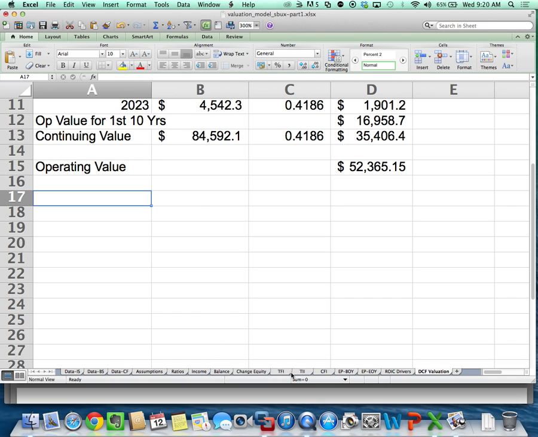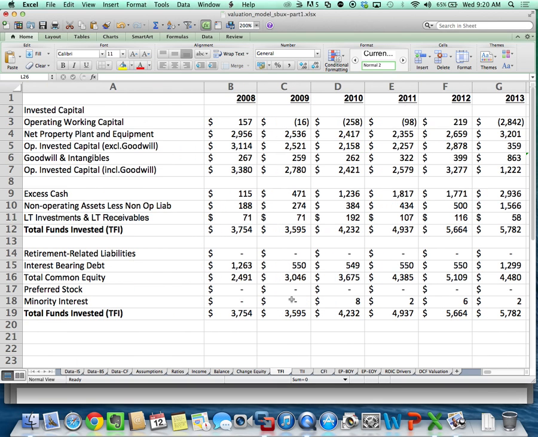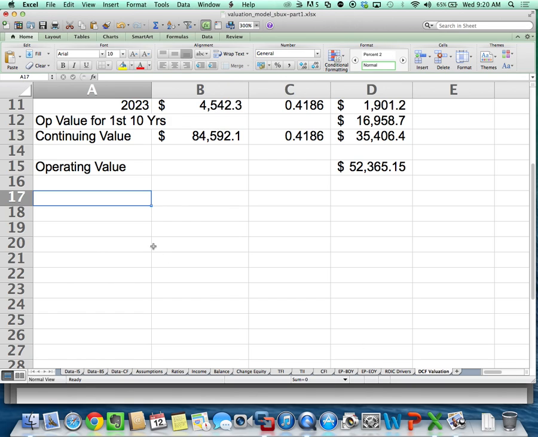In TFI, we had already listed the major non-operating items from the standardized statements in Bloomberg. Here they are. Excess cash, non-operating assets, net of non-operating liabilities, long-term investments, and long-term receivables. So, those are the three items I need for my twos.